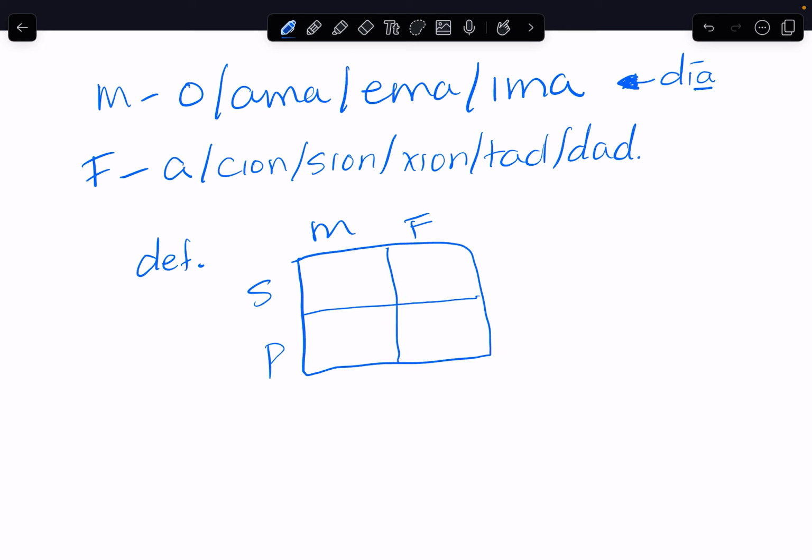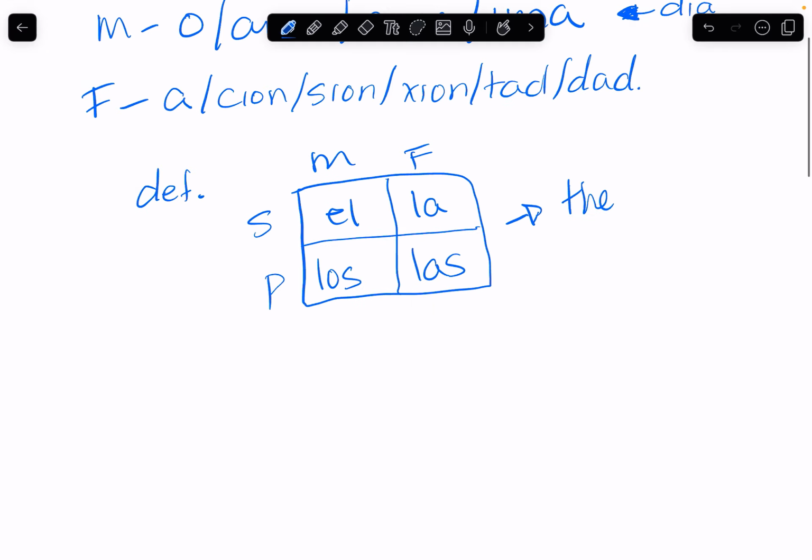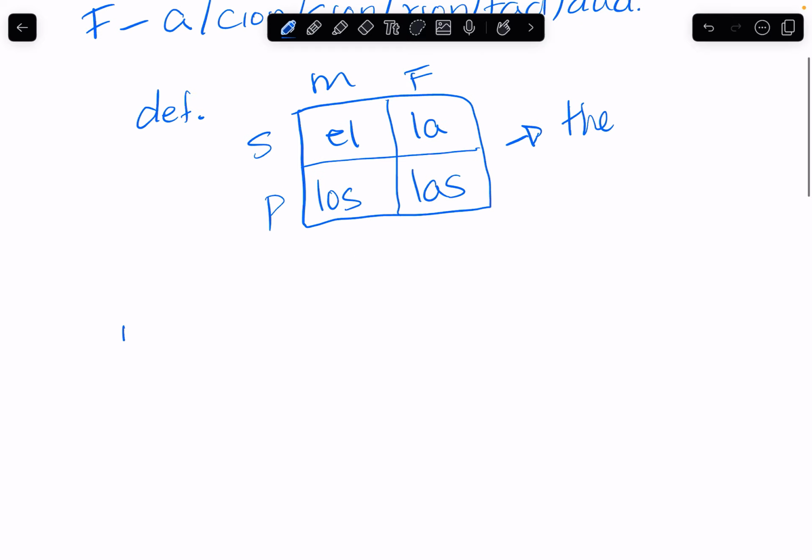The masculine singular is el, feminine singular la, masculine plural los, and feminine plural las. This is equivalent to the English the. So if I tell you, look, mira el marcador, look at the marker, you know what marker I'm talking about because I'm showing you the marker. Does that make sense?